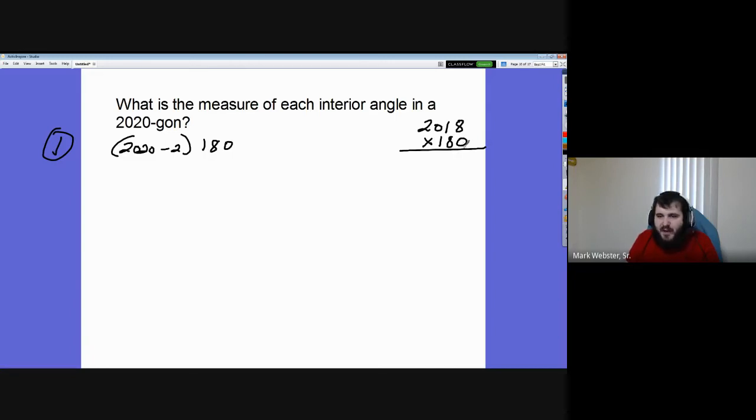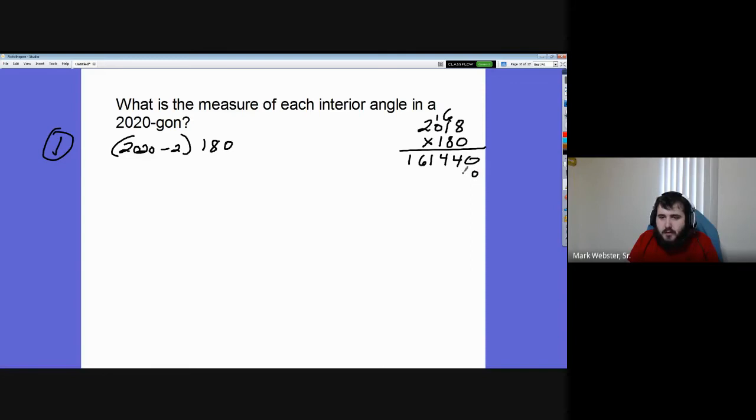Why? Because. So start out with that 0. And we can be like 8 and 8 is 64. 8 times 1 is 8 plus 6 is 14. 8 times 0 plus 1 is 1. 8 times 2 is 16.